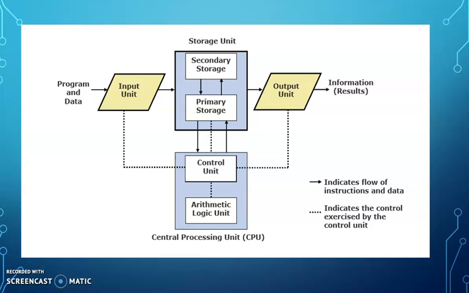Why does it have to convert the data whatever we have inputted using input unit? Because computer is an electronic device. It does not understand the English-like language which we are using to give the commands to computer. Computer understands only electric signals, 0 and 1, on or off.